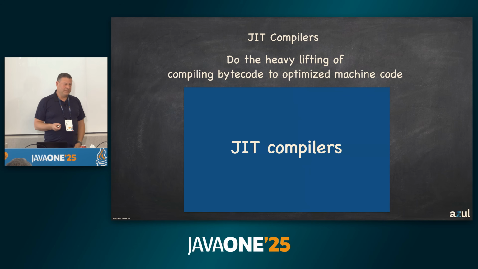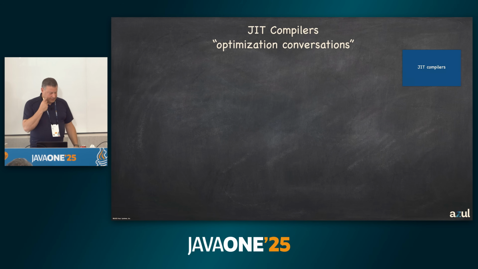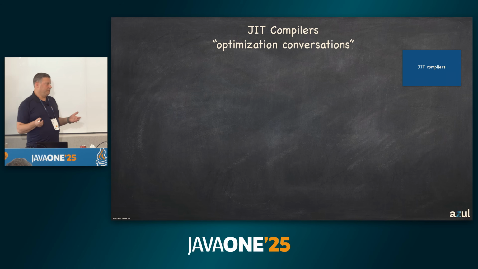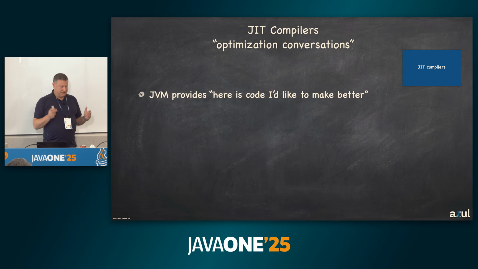Now, how does the JIT compiler do that in a modern day runtime? The JIT compiler doesn't know much about what's going on, and the rest of the JVM doesn't know much about how to optimize anything. So there's a conversation that happens between these two parts, where the JVM kind of starts with, here's some code I would like to be better.